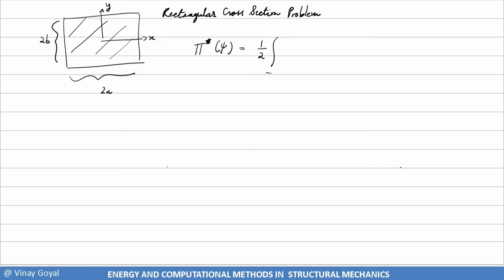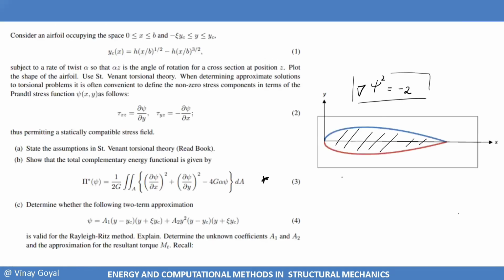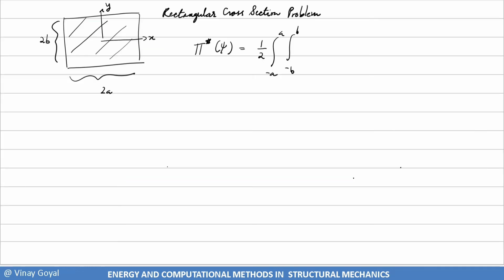Clearly the boundary goes from minus a to a, minus b to b. So that's very easy. And then I have 1 over 2G, psi comma x squared plus psi comma y squared minus 4 psi, and that's correct.